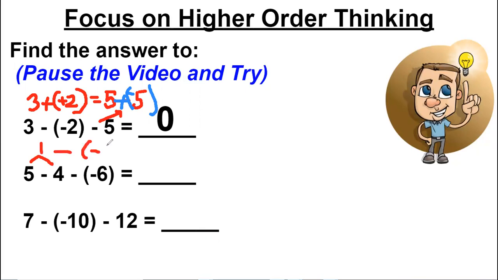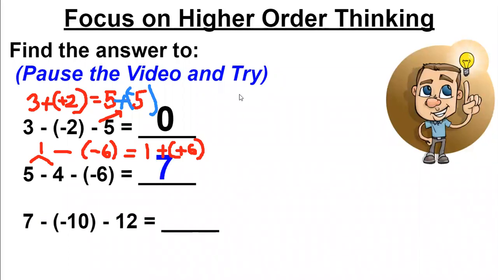So now this is where I want to rewrite this. 1 minus -6 is the same as 1 plus +6. What is 1 plus 6? 7, right? So the answer should be 7. There it is, positive 7.